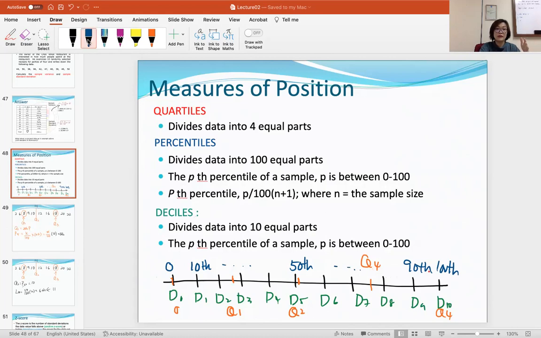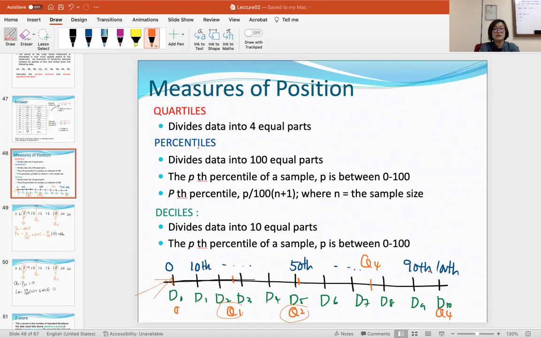If you look at this part, I try to draw the line here at the bottom, so I can divide it into 4. So this is the first quartile. First, I find the second quartile because that's the half. From the half, I find the other halves. So it will be easier for you.